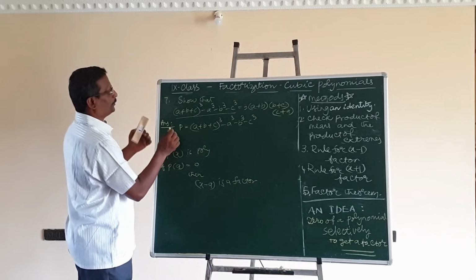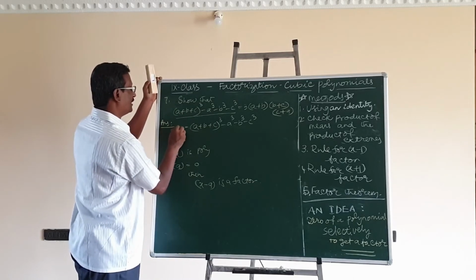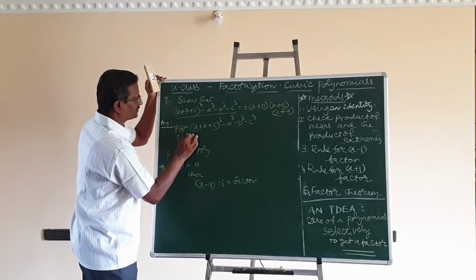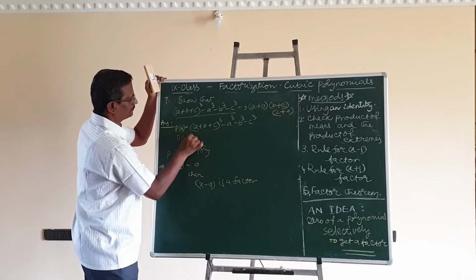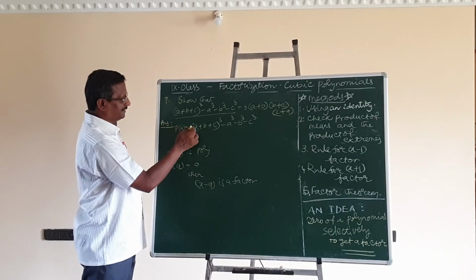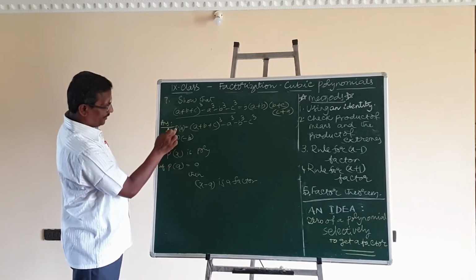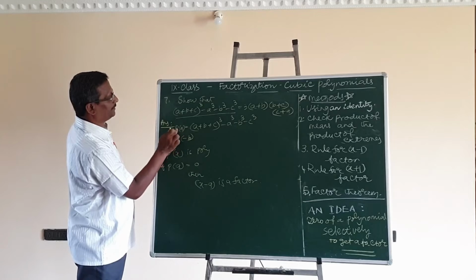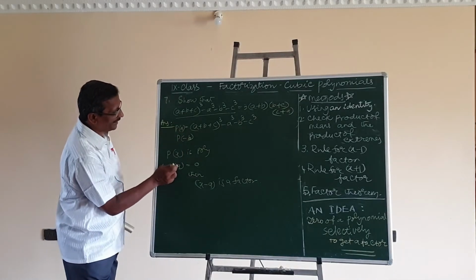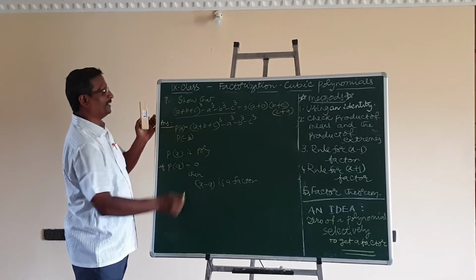Using the rule, suppose you consider this polynomial as a polynomial in variable a and find p of minus b. If I find the value of the polynomial p of minus b, as we have substituted a in place of x, here we will substitute minus b in place of a.